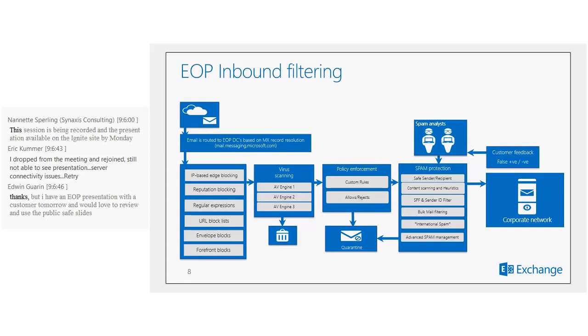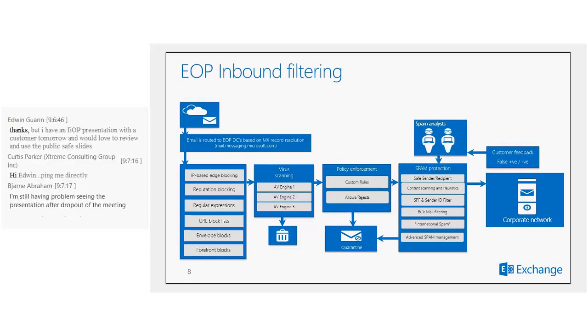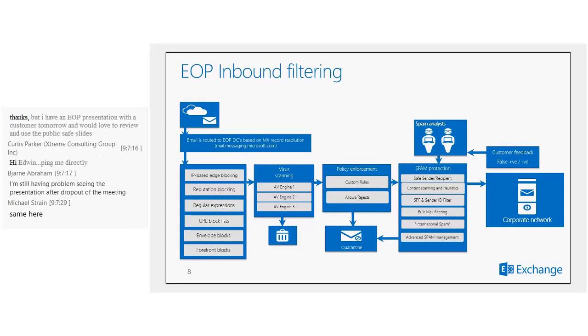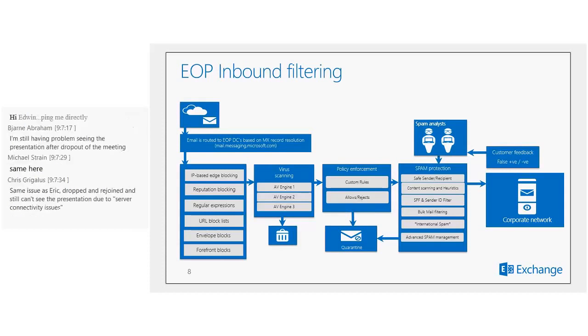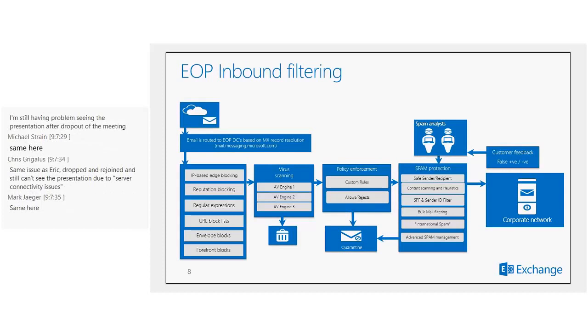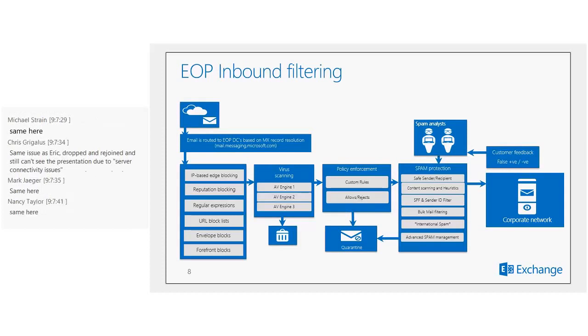And finally, from there, we will also look at some of the additional spam protection capabilities and scan it through the bulk mail filtering, or if you have set up some international spam, we'll go through that. At this point, if the IW workers in your organization have reported certain spam, it will be sent to the Microsoft team, and we have a dedicated team of spam analysts.